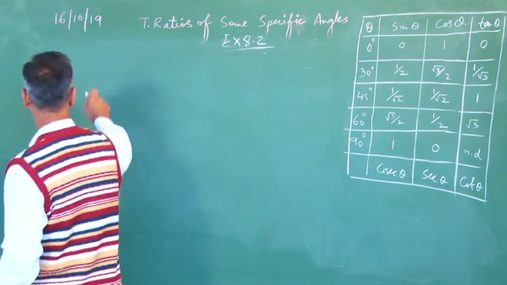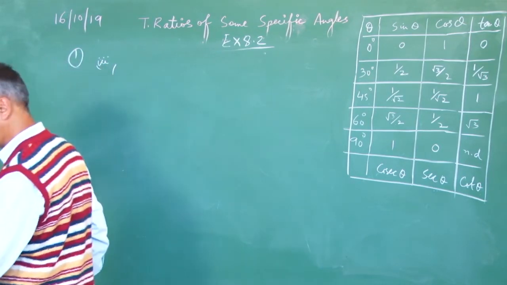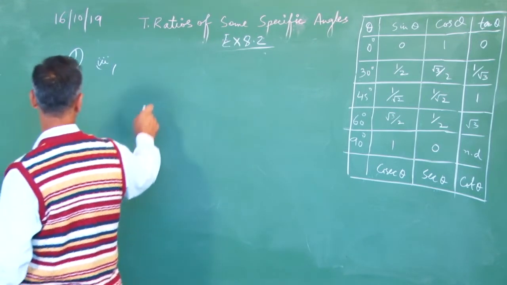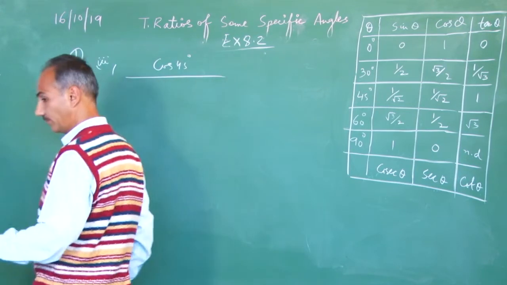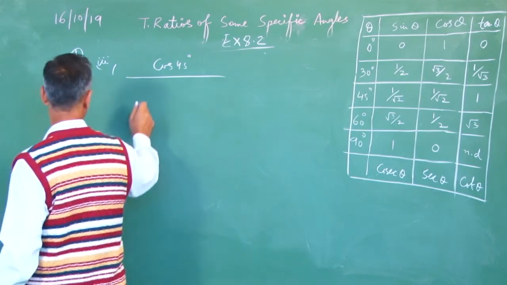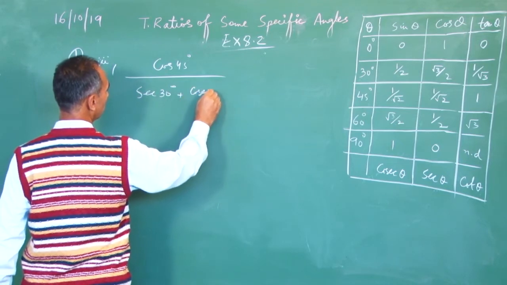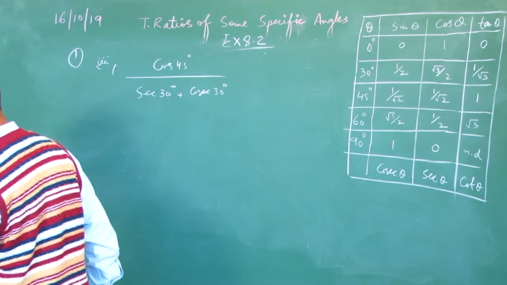Part 3, question number 1. Find the value of cos 45 degrees whole upon secant 30 plus cosec 30. Okay, this is part 3.